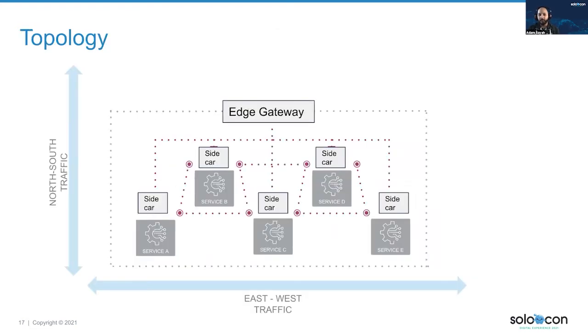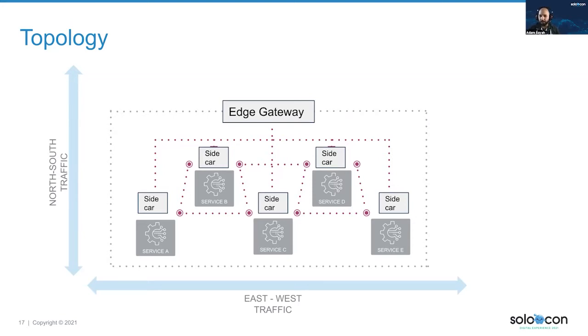Now, if you see a topology where you see all of that together in your cluster, you will probably have an edge gateway, an API gateway, allowing incoming requests from outside your network to inside your network, going to your service mesh. And we see here the topology, assuming that the north-south traffic is managed by your edge gateway, API gateway, and the east-west traffic is managed by your service mesh.